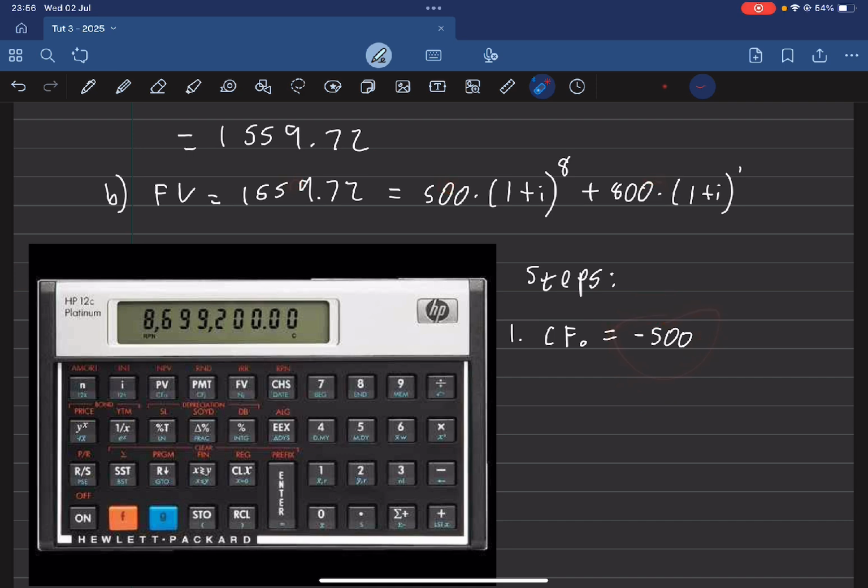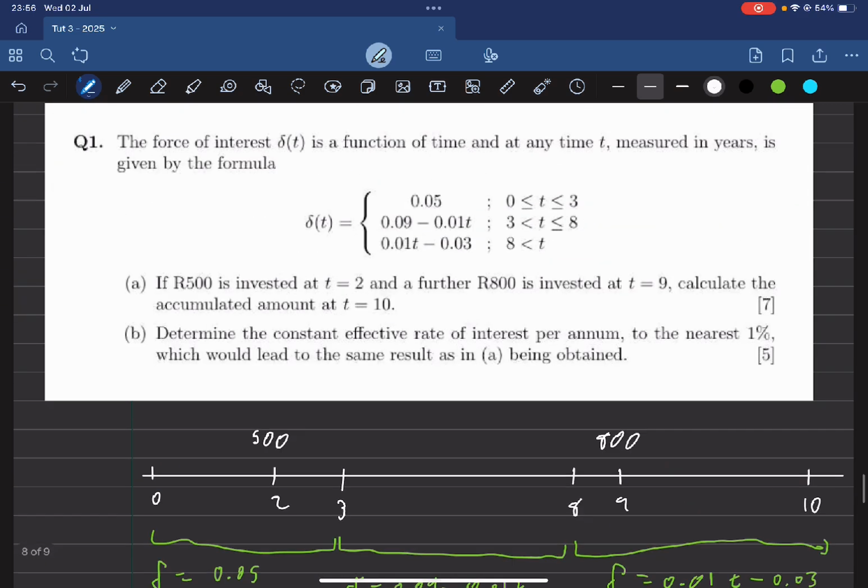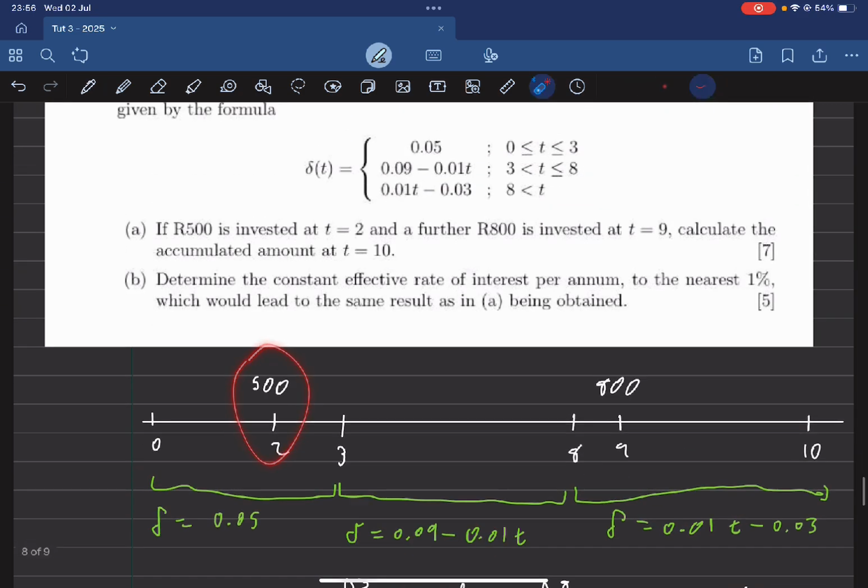So I'll make these negative. The way you do it is you just press 500, and then to make it negative, you do change sign. That's how you'd get negative 500, and then you'd press the G, and then cash flow 0, and that would give you negative 500 as your cash flow 0.